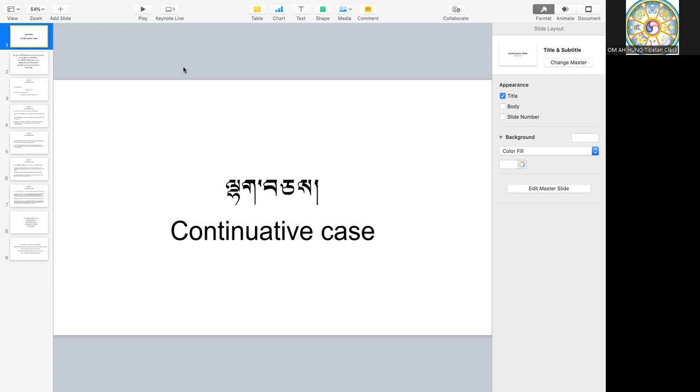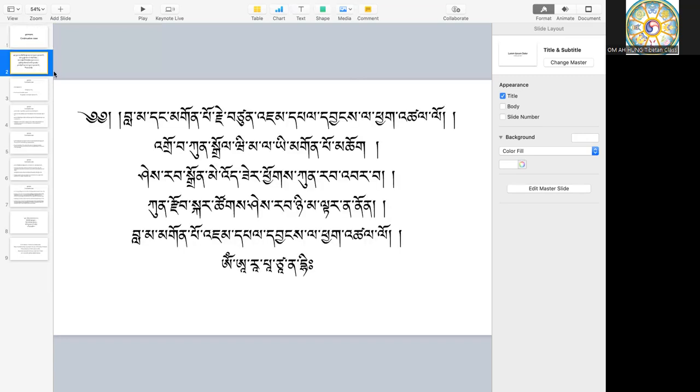Before we go to the lesson, we begin with our verse of dedication. Today we have written the verse of dedication to the Lord Manjushri, and let me recite this.